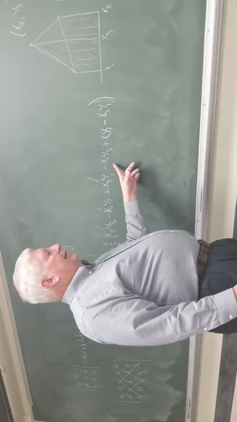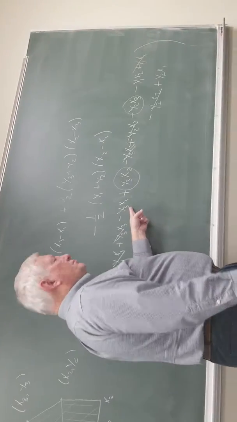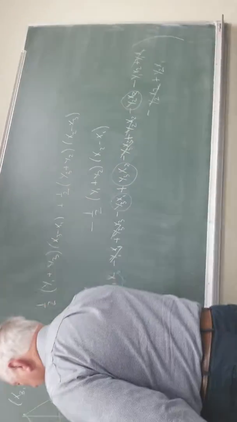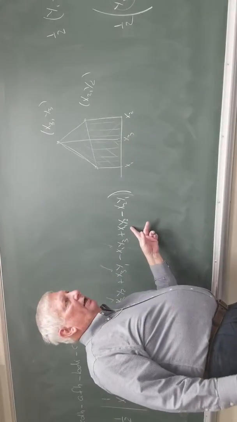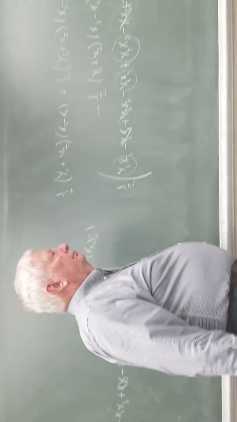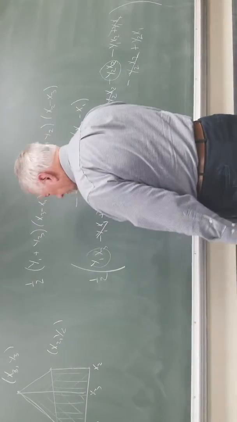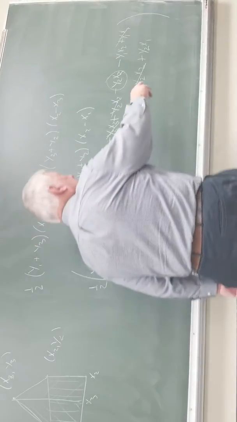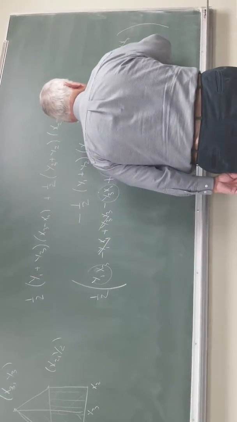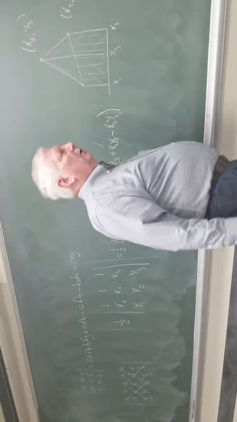Is there a minus x1, y3? Is there a plus x1, y2? Plus x1, y2, at the bottom. Oh yeah, x1, y2. And lastly, is there a minus x2, y1?